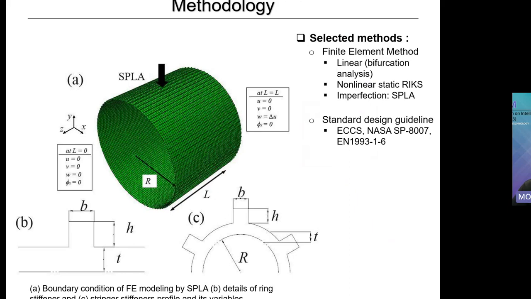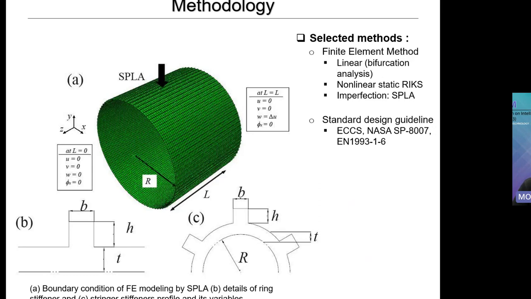Here, as you can see, the selected method is the finite element method, where we use two ways of running it. First, we go by linear bifurcation analysis, and then we go by nonlinear static Riks analysis.